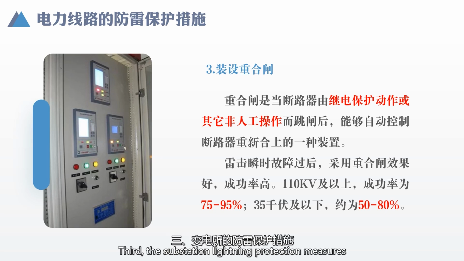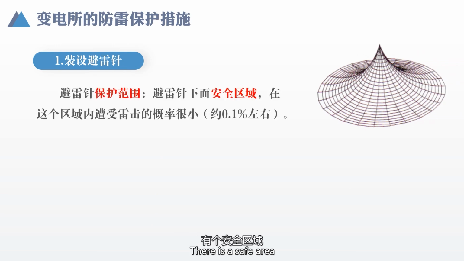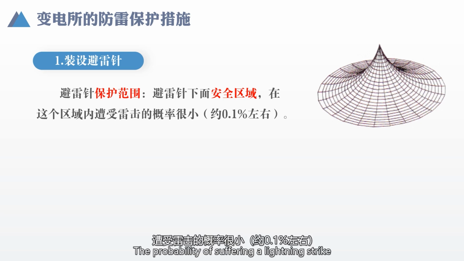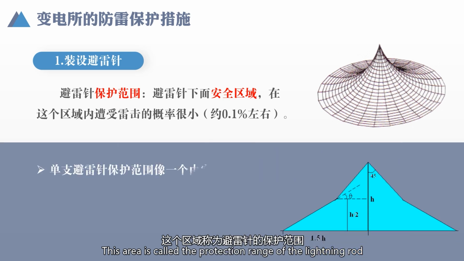Third, the substation lightning protection measures. Installation of lightning rods. Under a certain height of lightning rod, there is a safe area. In this area, the probability of suffering a lightning strike is very small, about 0.1%. This area is called the protection range of the lightning rod.